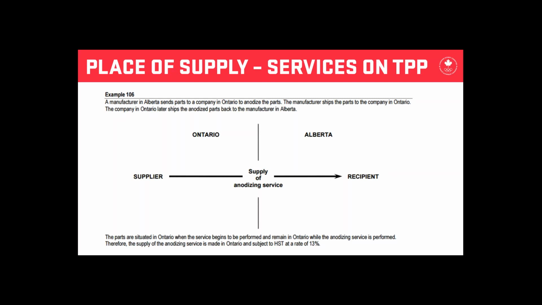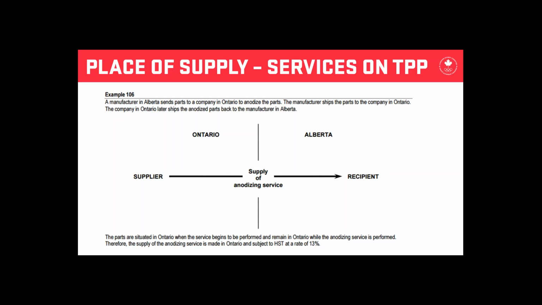Okay, so this one I think is something that the NSFs may run into in some way, shape, or form. I thought, like, engraving or finishing of some kind, this could be something that applies. A manufacturer in tax-free Alberta, or almost, sends parts to a company in Ontario to anodize the parts.